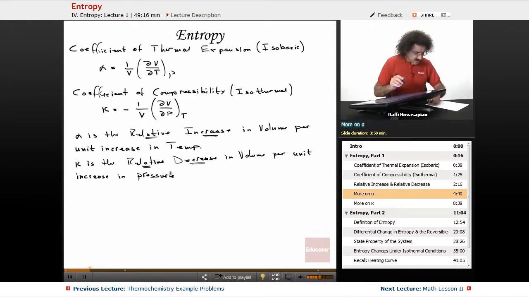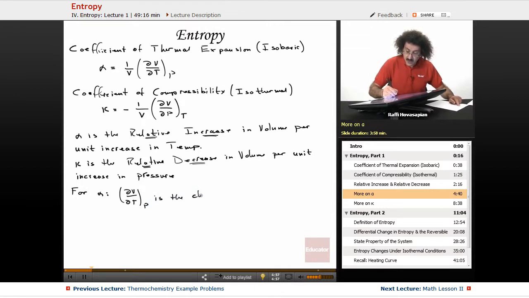So now let's go ahead and talk a little bit more about what these are. So for alpha, the partial derivative part, dV dT at constant P, is a change in volume, not the relative, it's just the straight change in volume per unit change in the temperature.